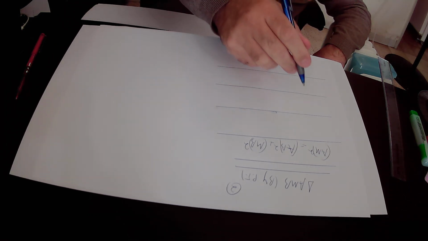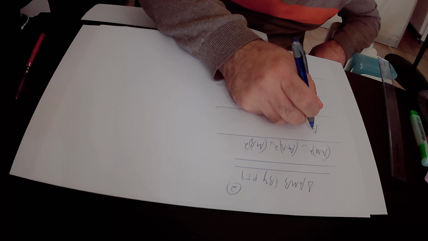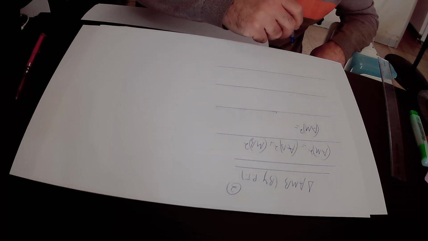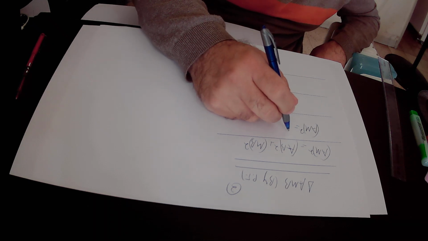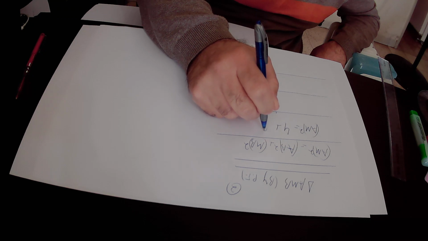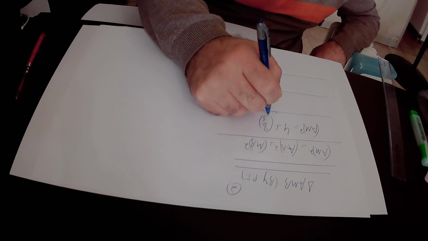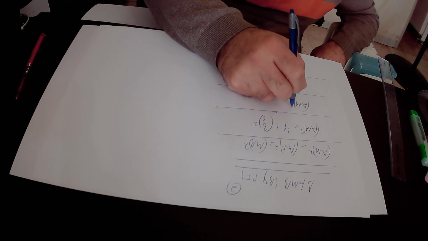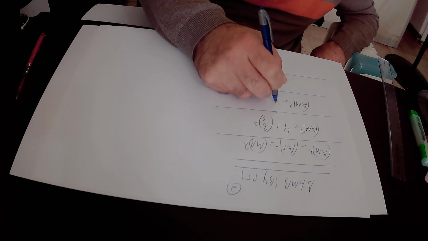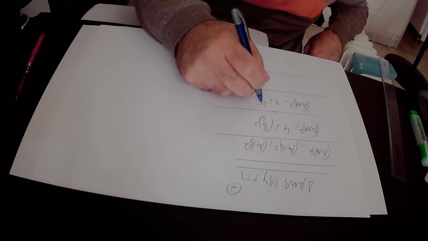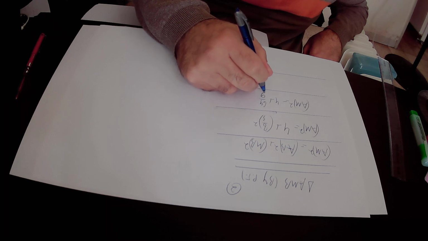So AM squared equals AB squared. AB is 2, therefore AB squared is 2 squared, that is 4, plus MB squared. We just found that MB equals 8 over 3, therefore MB squared equals 8 squared over 3 squared, that is 64 over 9.